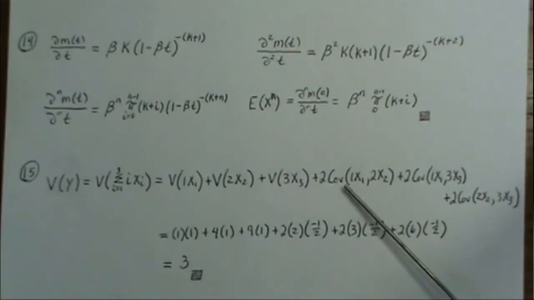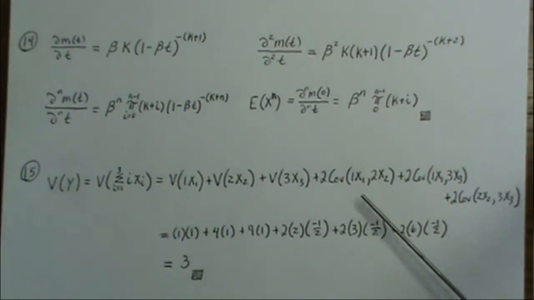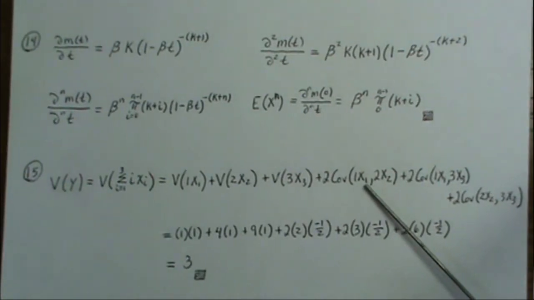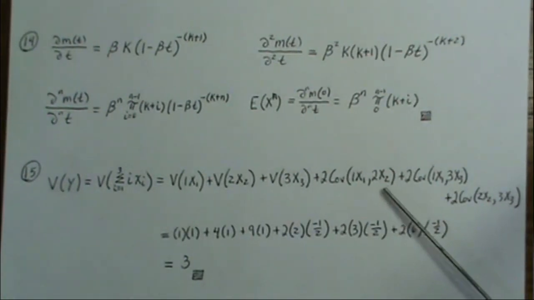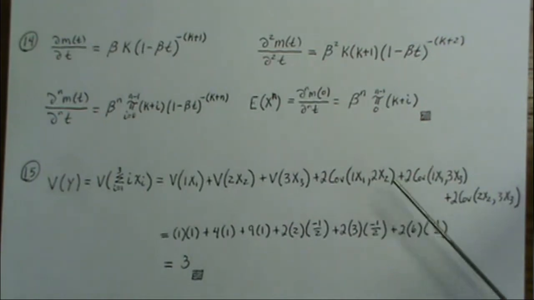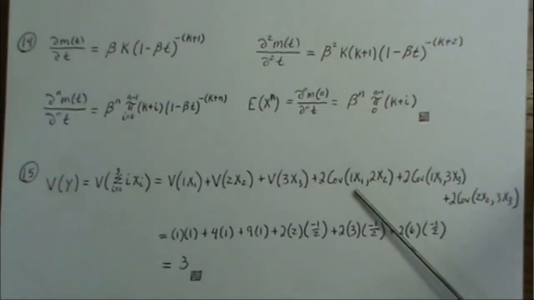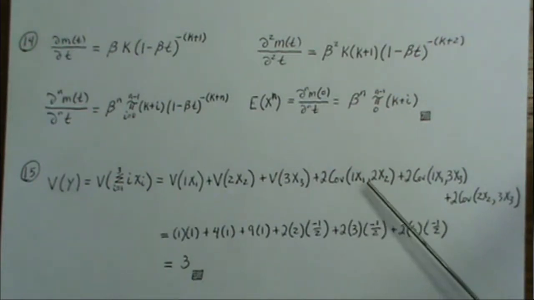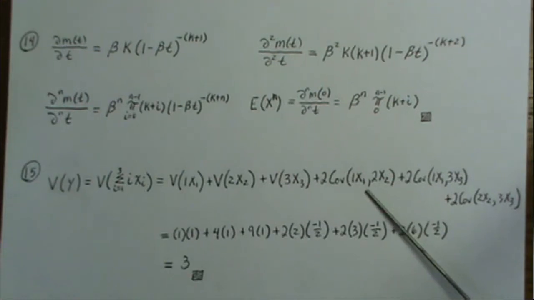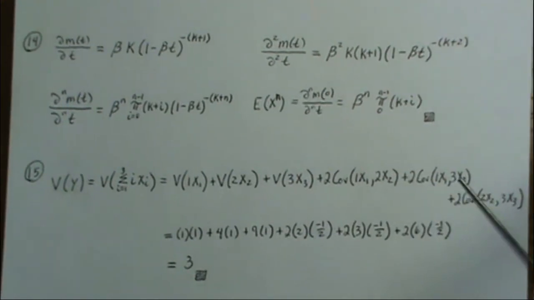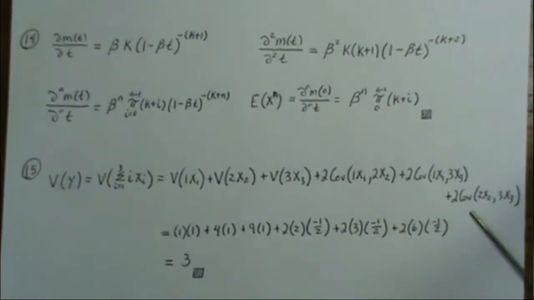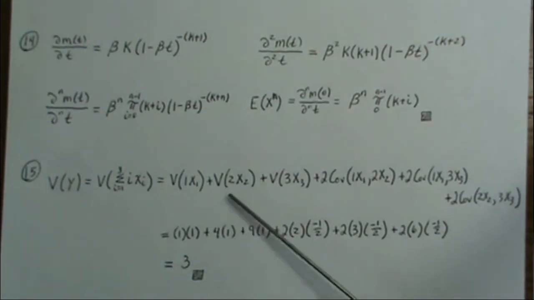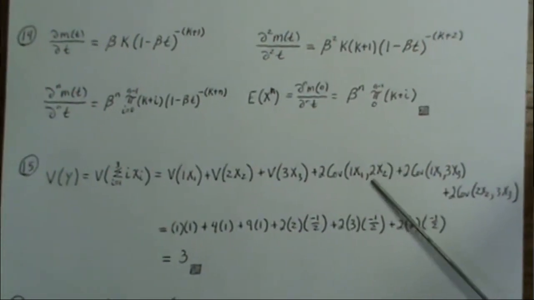So in this sum, we take the covariance of x1 and 2x2, but then it also is the covariance of 2x2 and x1, but that's the same, so that's why we put a 2 out front and we just have one of those. So we take each possibility, times 2, and then we're given the variances and we're given the covariances.